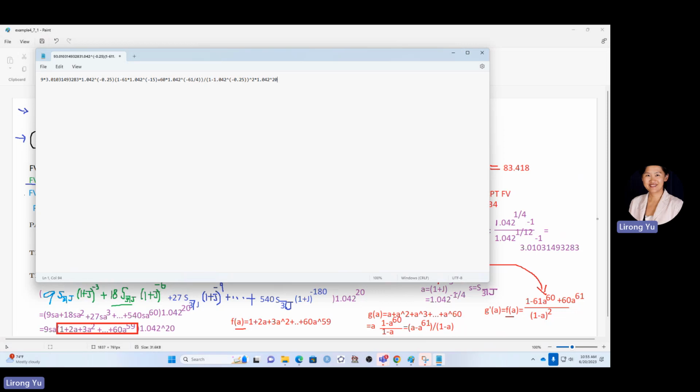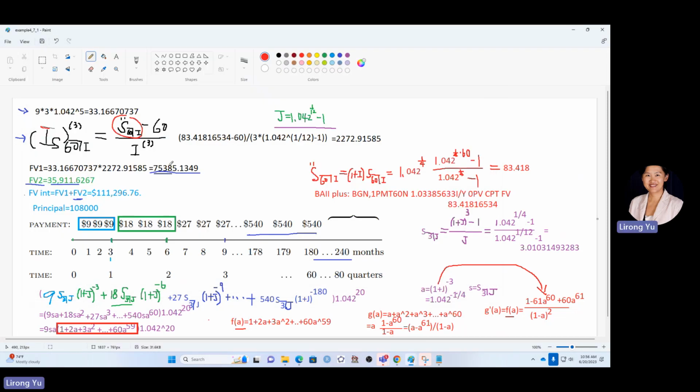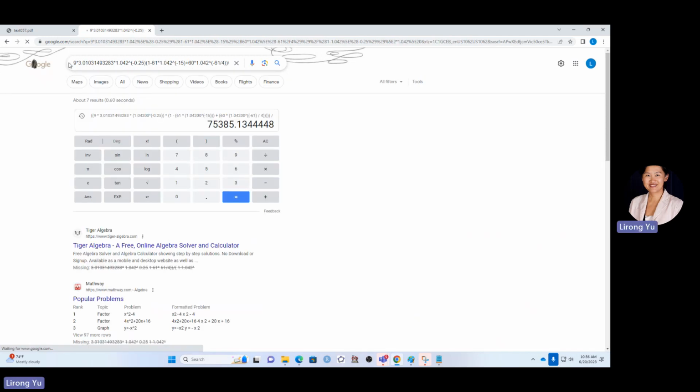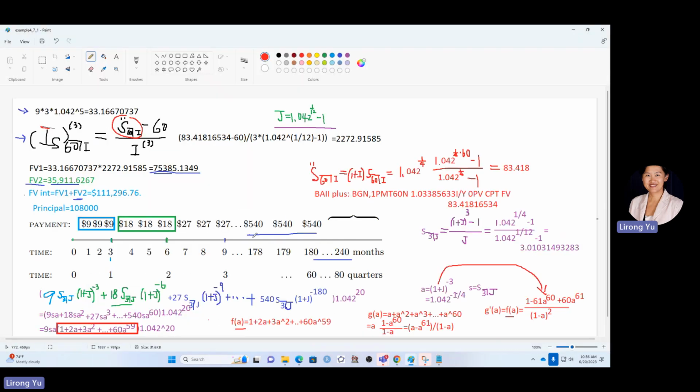So after you got the present value calculated, multiply by the 1 plus r to the power n, that should equal 7535.1449. But let's see if it works out. Okay, so that's exactly what the text is giving us.